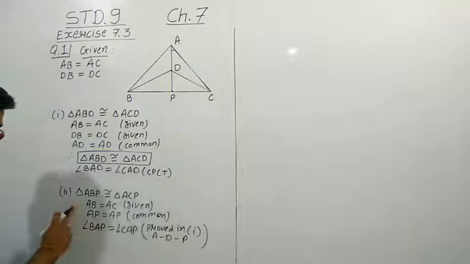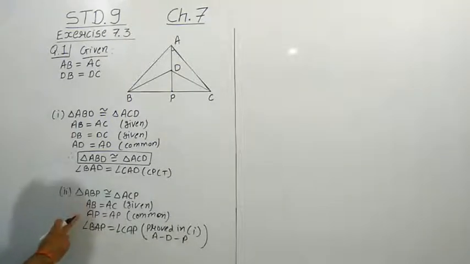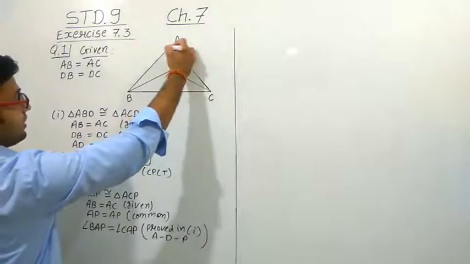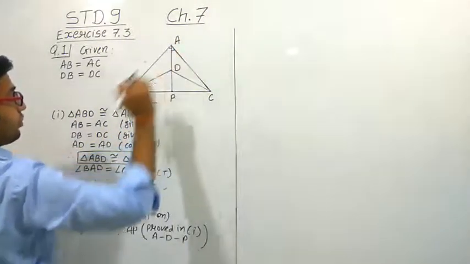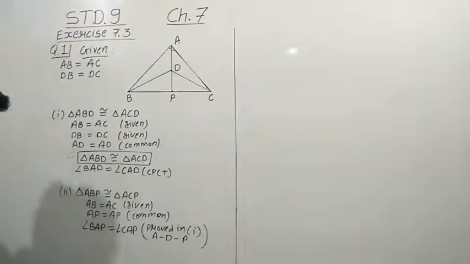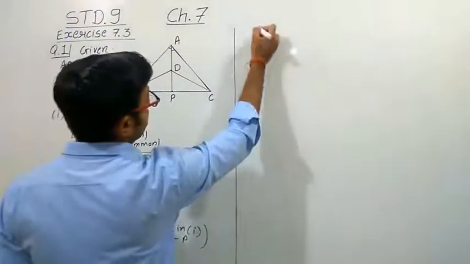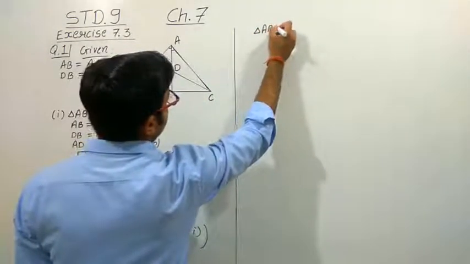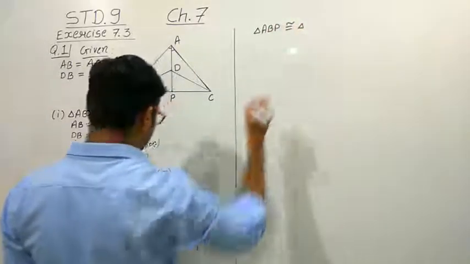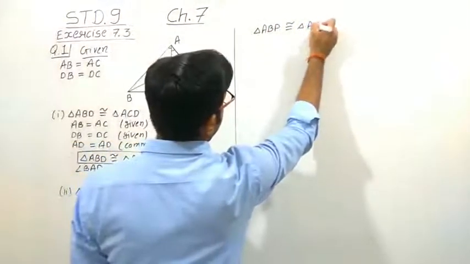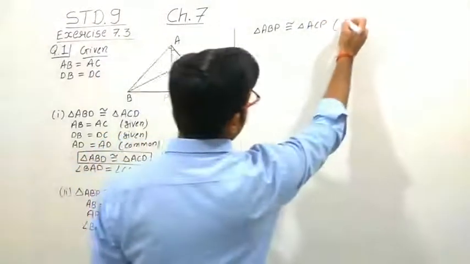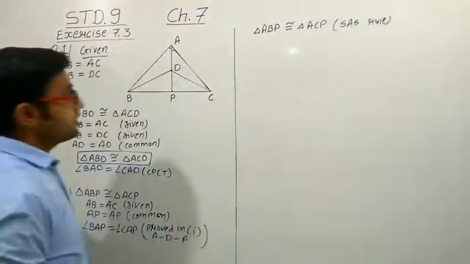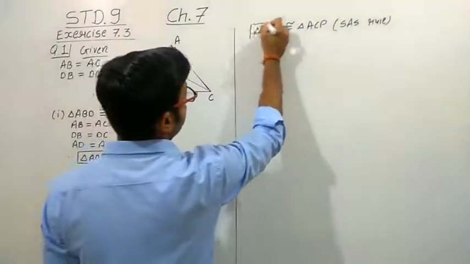So these are the three conditions: one is a side, second is a side, and third is an angle. One is side AB, second is AP, and the angle is included between these two sides. So now we can say that these two triangles are congruent. So we can write down that triangle ABP is congruent to triangle ACP by the side angle side rule. So this is the second thing that we have to prove.